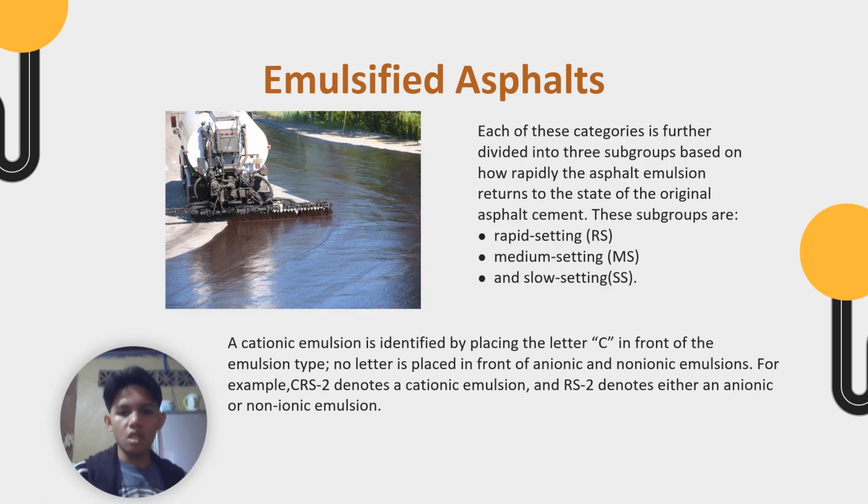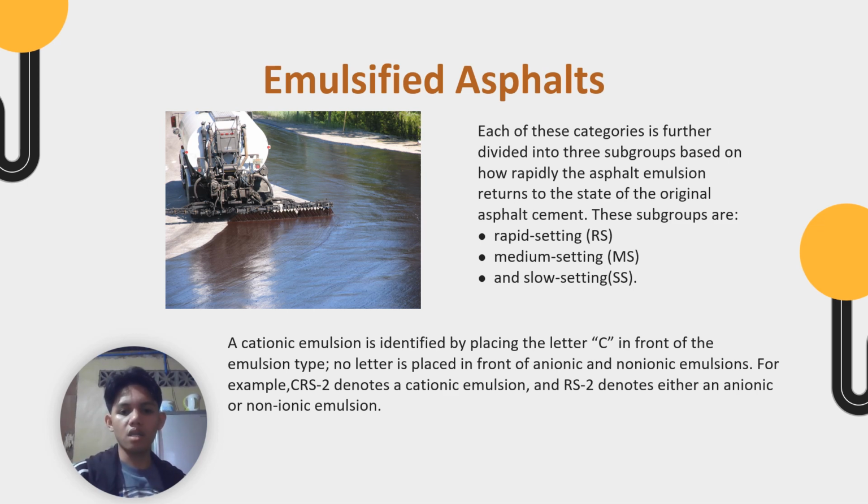Also, each of these categories is further divided into three subgroups based on how rapidly the asphalt emulsion returns to the state of the original asphalt cement. These subgroups are rapid setting or RS, medium setting or MS, and slow setting or SS.